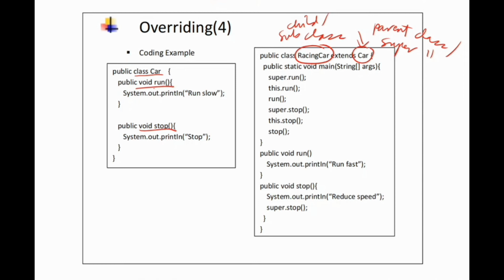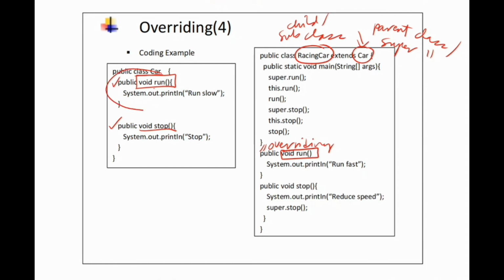The child class, which inherits these two methods, employs overriding. The return type is the same, void, the method name is the same, run, and the argument pattern is the same, no argument.